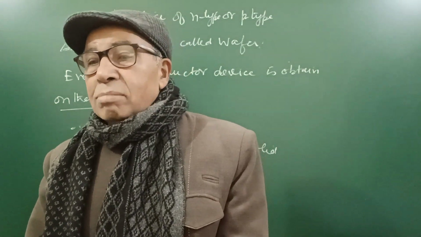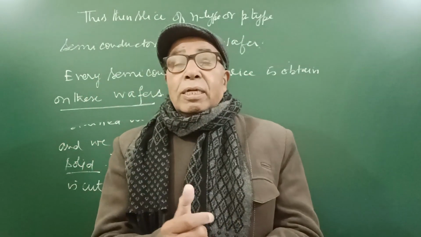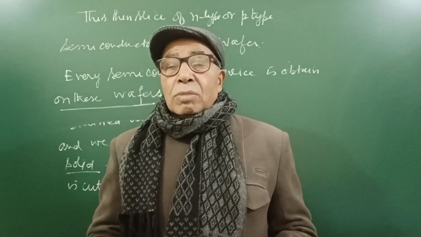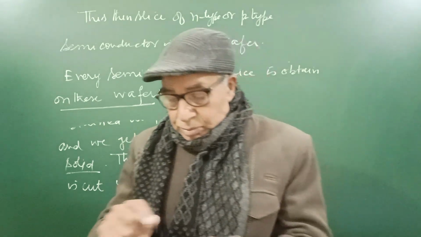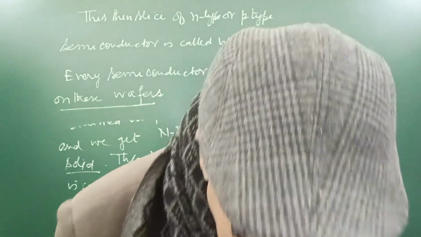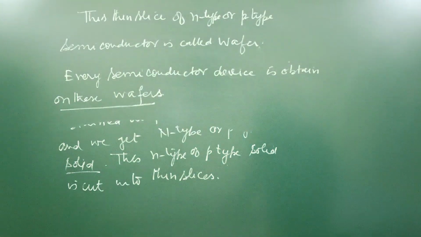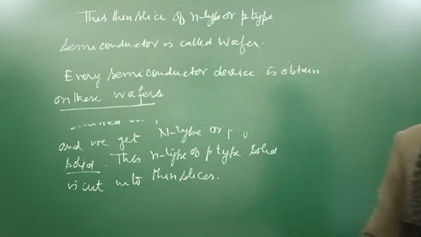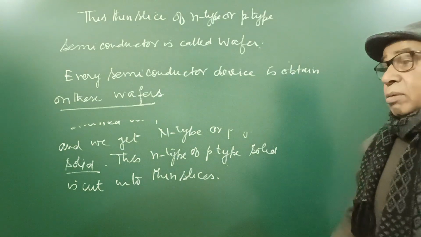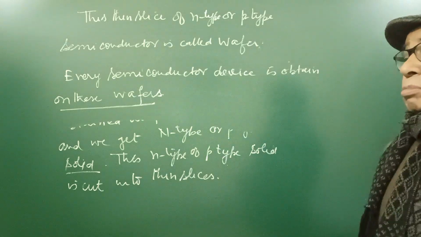In early times, soldering was used to connect the circuits together, but due to jerk or melting, the welding done by soldering broke, and so the working of the device got disturbed. To avoid that, we use integrated circuits.